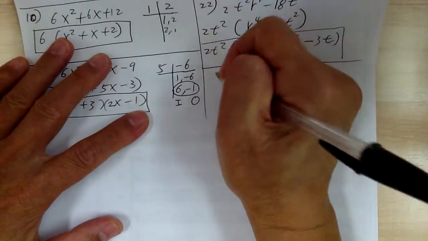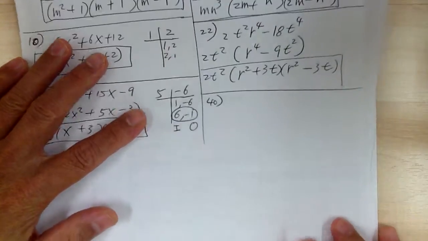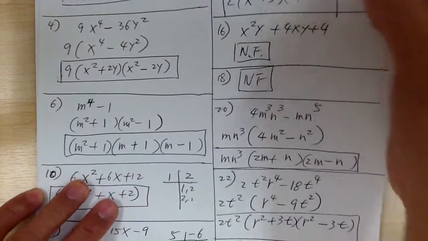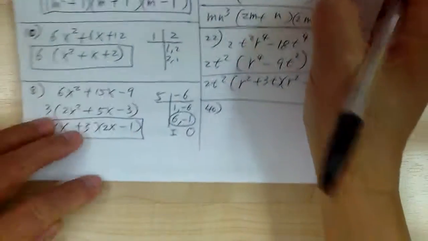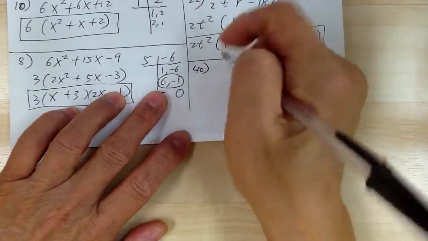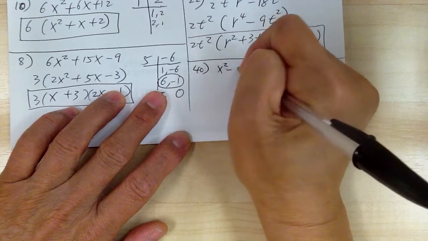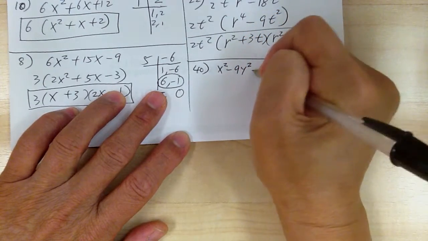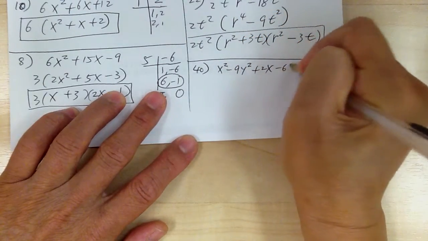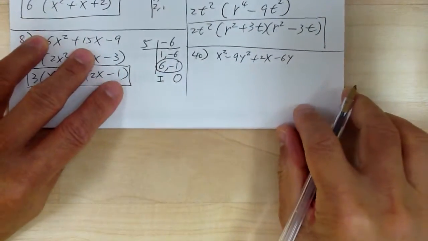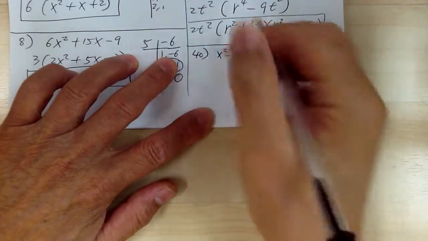Okay, I'm going to do it right here. Number 40. You have x squared minus 9y squared plus 2x minus 6y. So step 1, common factor, cannot. Step 2, grouping.